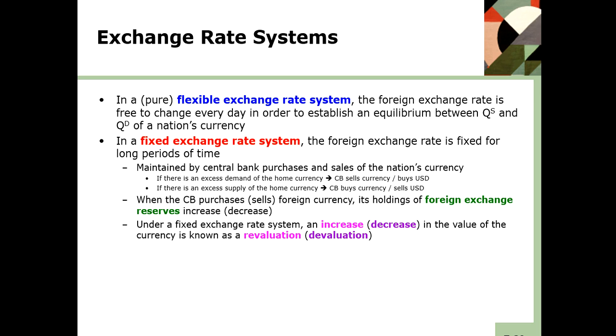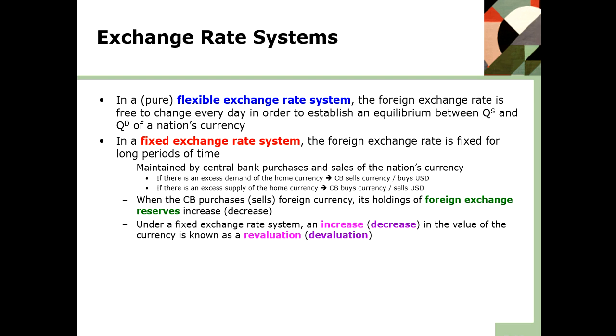So when they decrease it, it's called devaluation. Okay, it's not like depreciation. Devaluation is made by government. And when they raise the value of the currency, it means they are revaluating the currency. It's not appreciation. Appreciation will occur as a function of the market, supply and demand in the market.